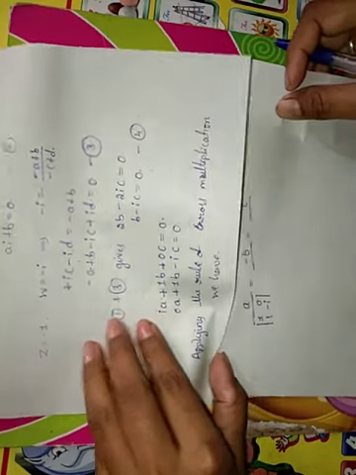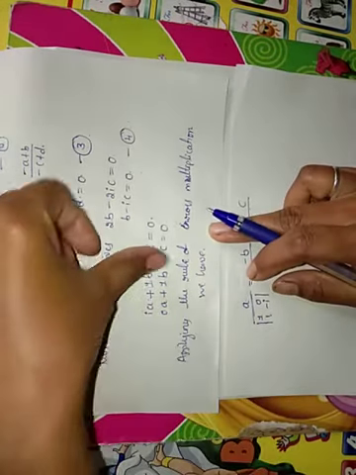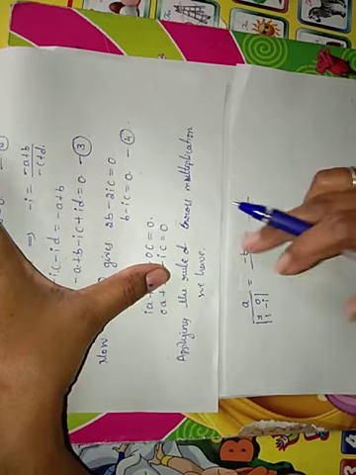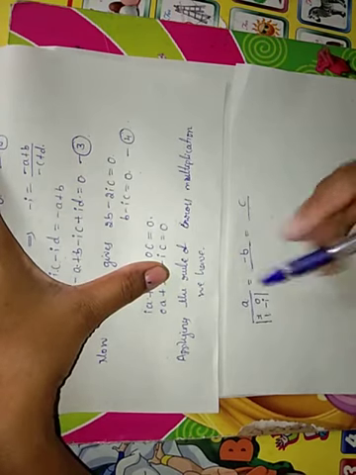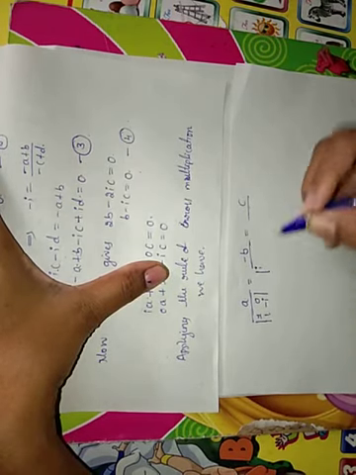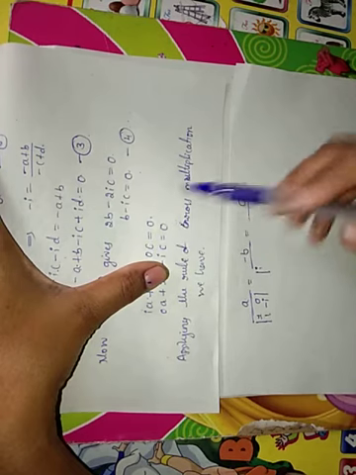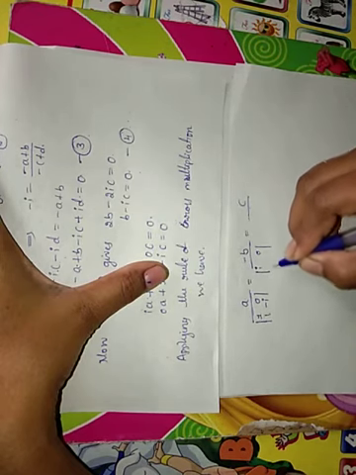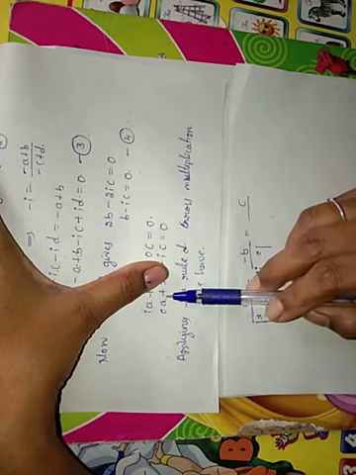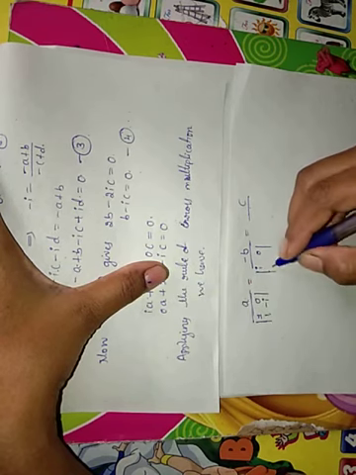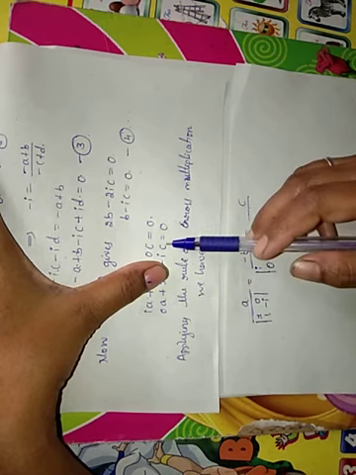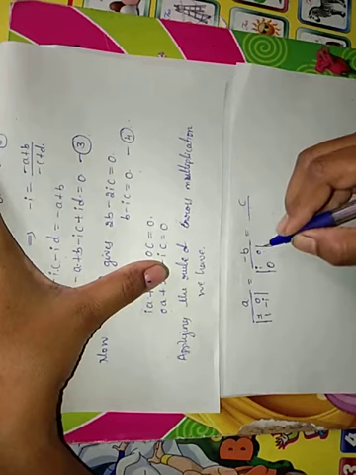Now, minus B divided by, leaving B, coefficient of A is i, coefficient of C is 0. Second equation, coefficient of A is 0, coefficient of C is minus i.